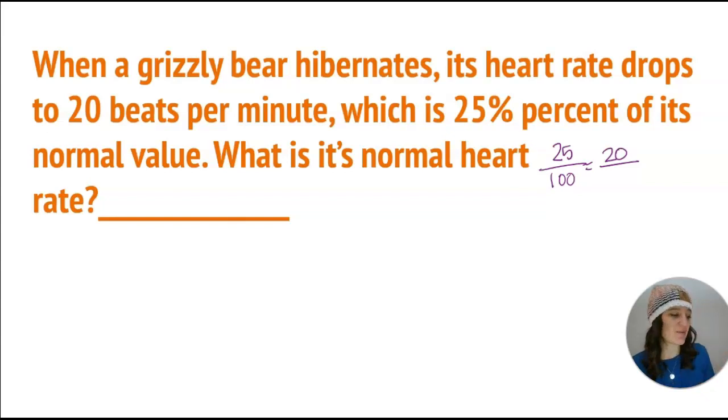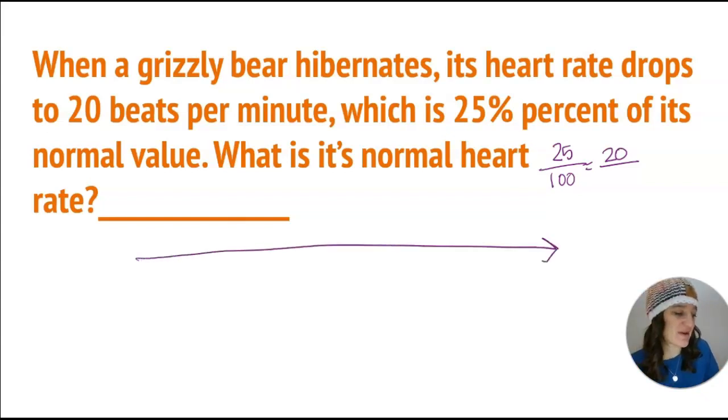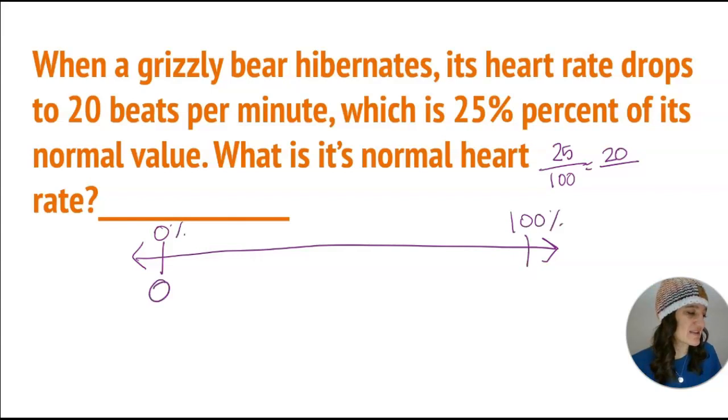Okay, so let's make a number line. I think you have a number line in your notes, but I'm going to have to draw a number line. I'm going to start with my zeros, get up to 100%. I want to include 25%. Okay, and 20 beats per minute is 25%, so I'm going to put 20 down here.